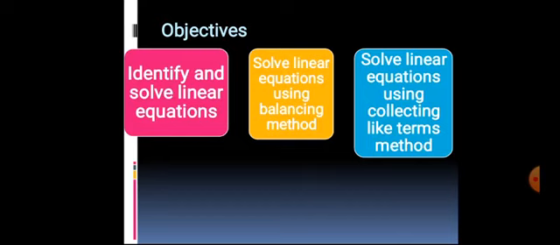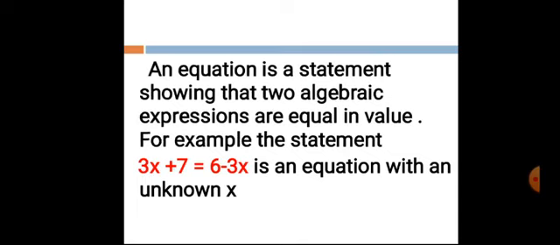So, equation on the other hand, what does it mean? An equation is a statement that shows two algebraic expressions to be equal in value. That is, when you have two expressions equal to each other, we say an equation is formed.